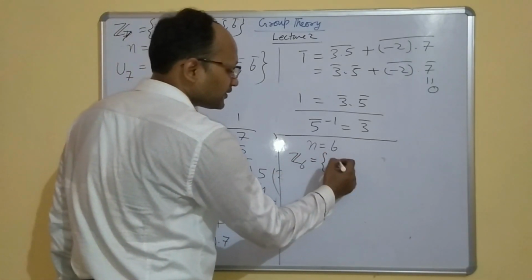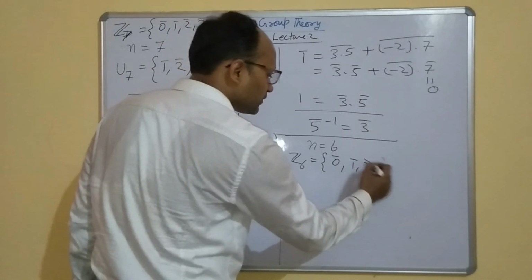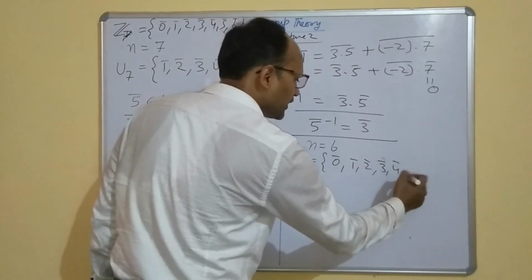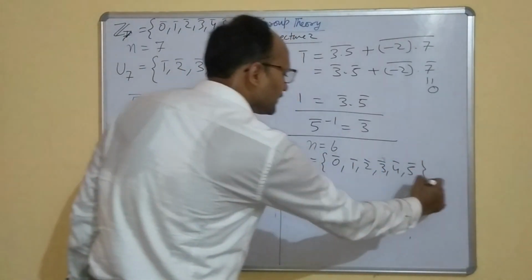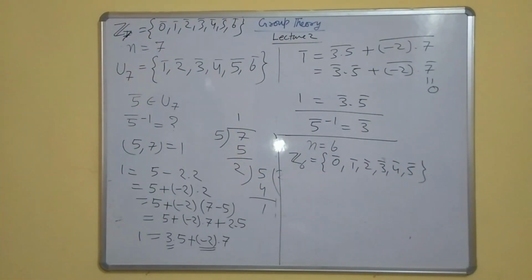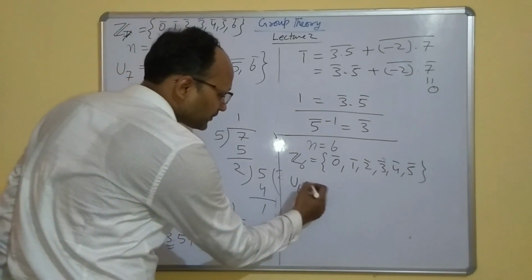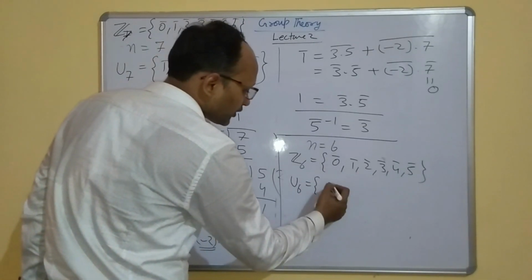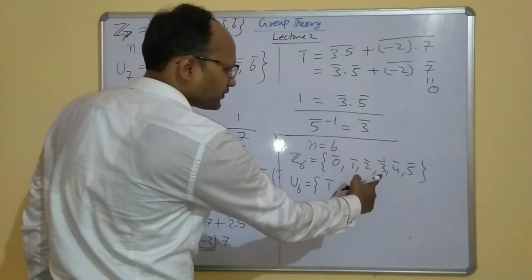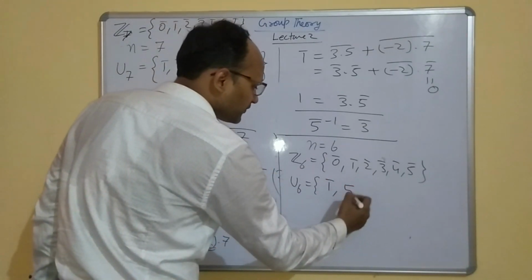Z6 has 0 bar, 1 bar, 2 bar, 3 bar, 4 bar, 5 bar, this many elements, and out of these elements we have to take those elements which are co-prime to 6. So U6 will be: 0 bar will not come, 1 bar will come, 2, 3 will not come, 4 will not come, only 5 will come.